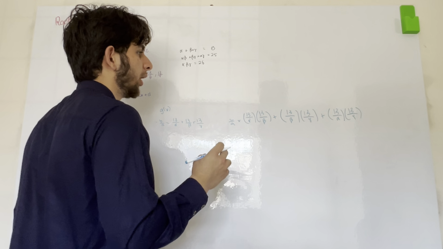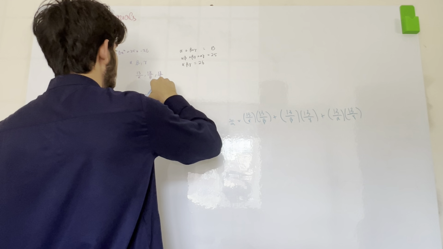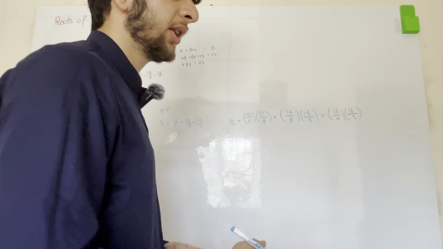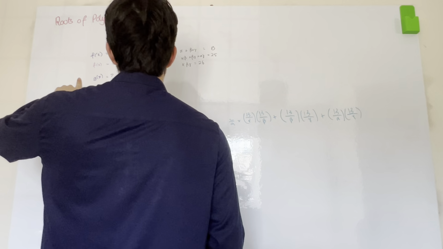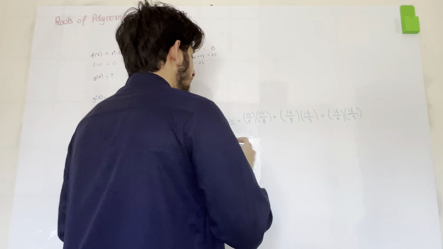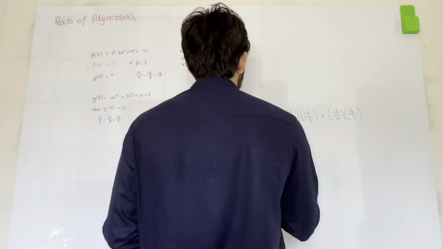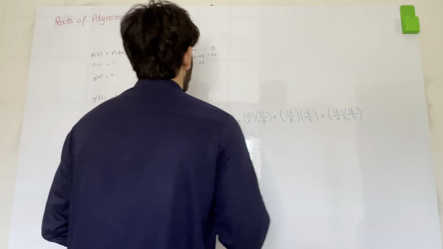So I've just considered that and applied it to 13 over alpha, 13 over beta, 13 over gamma. No matter what the defined roots are for a polynomial, the procedure you follow to get to minus b over a, c over a, d over a will always be the same.